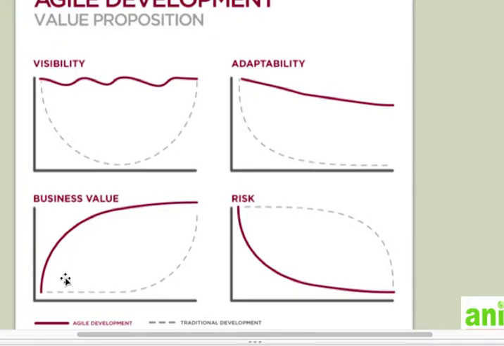The third graph you see is the business value. In this case, at the initial stage, whether it is traditional or agile, business value is very little, almost zero, right? But for traditional, it stays at the minimum for a very long time, and when the whole solution is ready and implemented, then business value goes up.